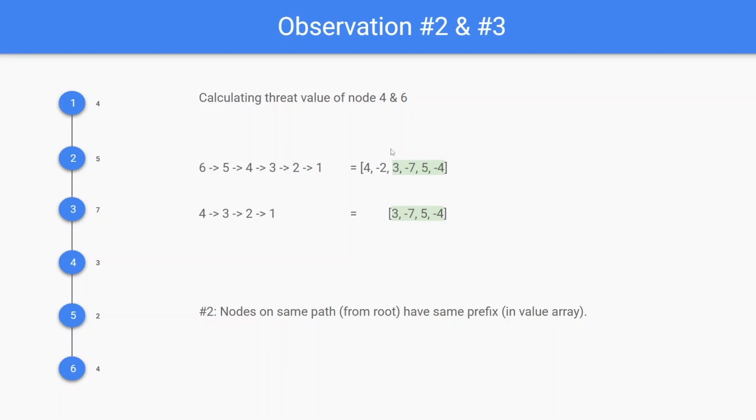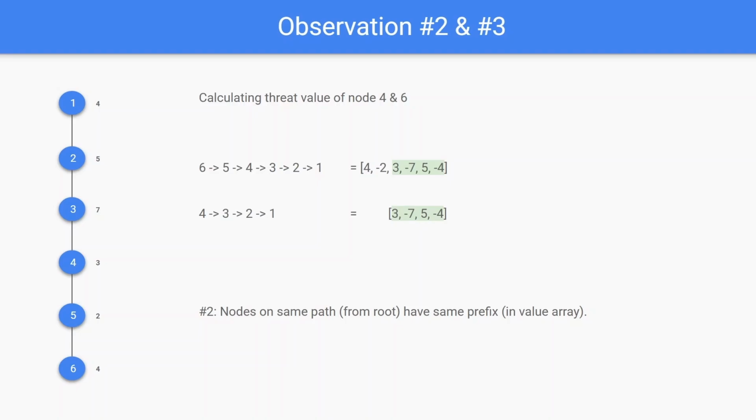I'm calling it prefix because you would read it from right to left from root. We'll fixate on the root to the node. I'm calling this prefix because 4, 5, 7, 3 are from root towards node. That is why they have the same prefix, right? So observation 2 says that all of the nodes on the same path from root will have the same prefix. That is observation 2.